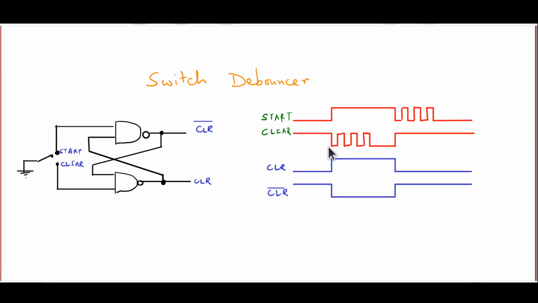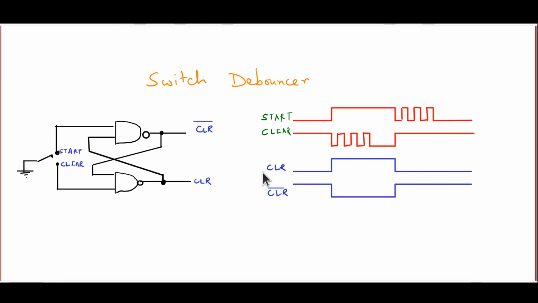Now, once the start has gone to high and clear has gone to low, the output CLR of course goes to high and CLR bar goes to low. But then when the switch bounces, note that both start and clear are high, but when both start and clear are high for a NAND latch, both R and S inputs are high, that is the memory state.